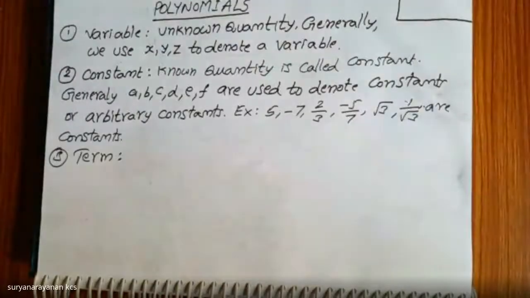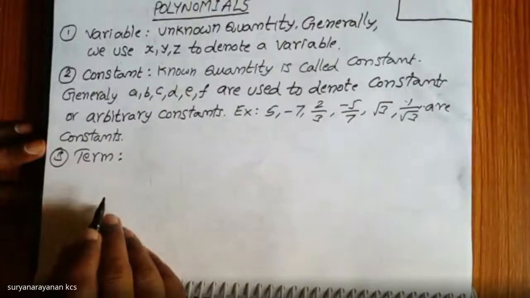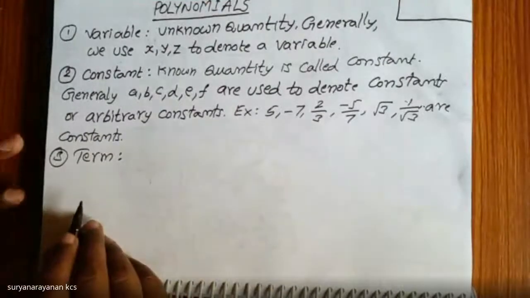Yes, 2x minus 5, 3 minus 5y. Okay. It may be a constant term or a variable term. There are two types of terms, variable term and constant term. A term is the product of some variables and constant.